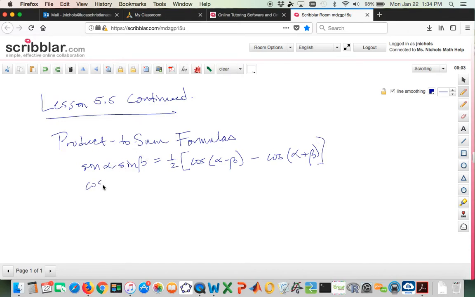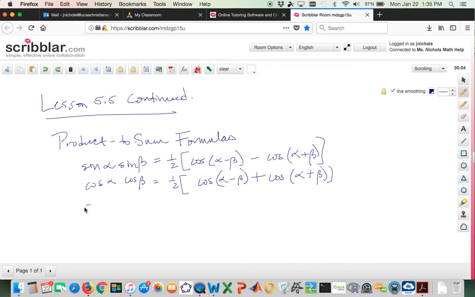We have cosine alpha cosine beta, and that is 1/2 bracket cosine alpha minus beta plus cosine alpha plus beta. So they're similar. Then we have a mix.